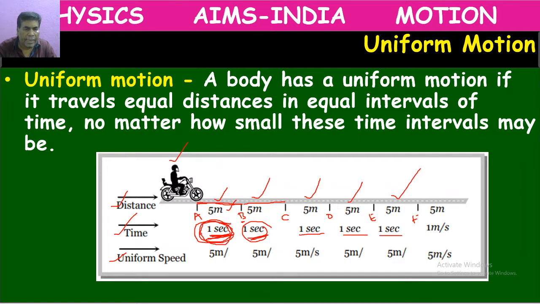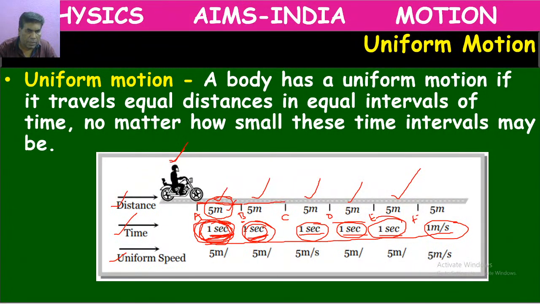Here all the time intervals are equal. So how is the bike moving? In equal intervals of time, it travels an equal amount of distance. In 1 second 5 meters, 1 second 5 meters, 1 second 5 meters.